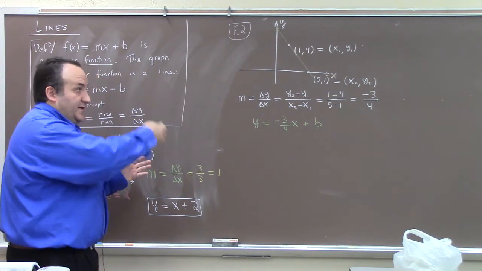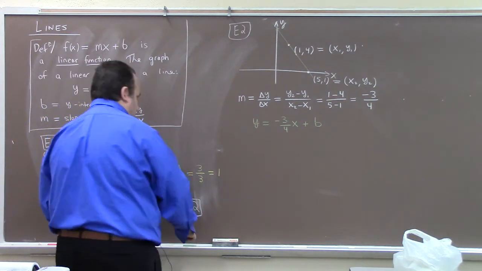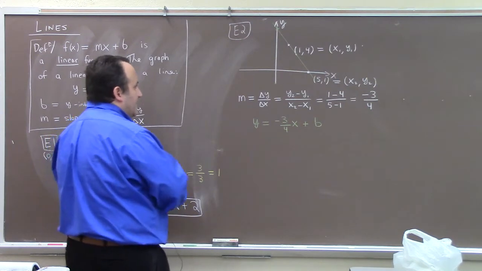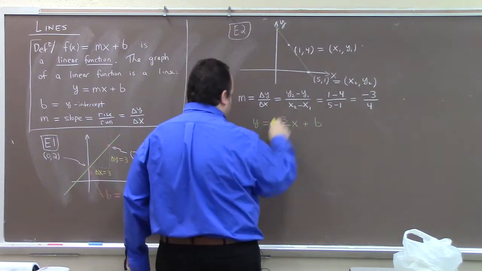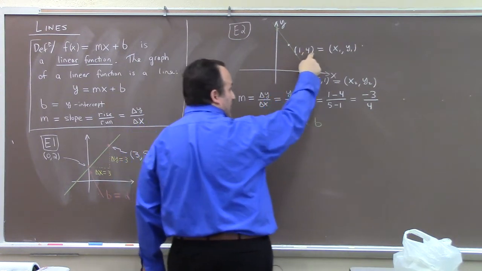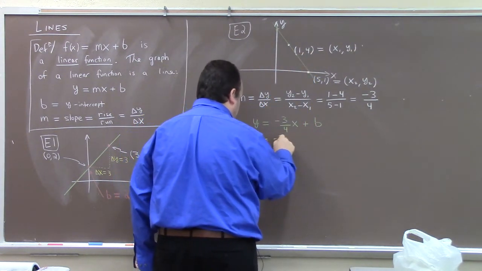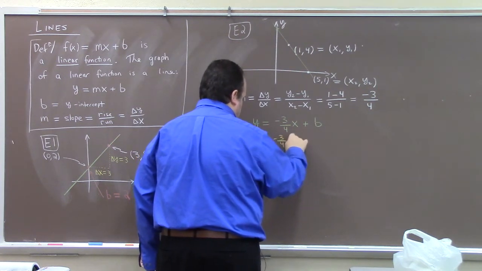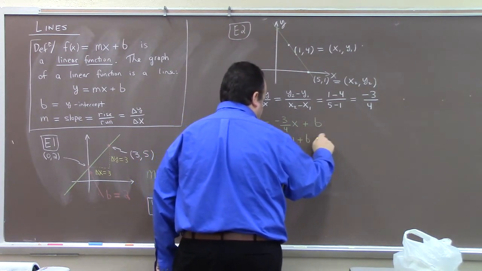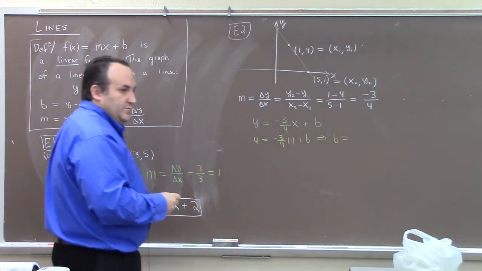You can pick whichever point. Let's use Micaiah's point. We'll plug in the point 1 comma 4. That means y equals 4 when x is equal to 1. So 4 is equal to minus 3/4 times 1 plus b. So that tells me that b is going to be 4 plus 3/4.